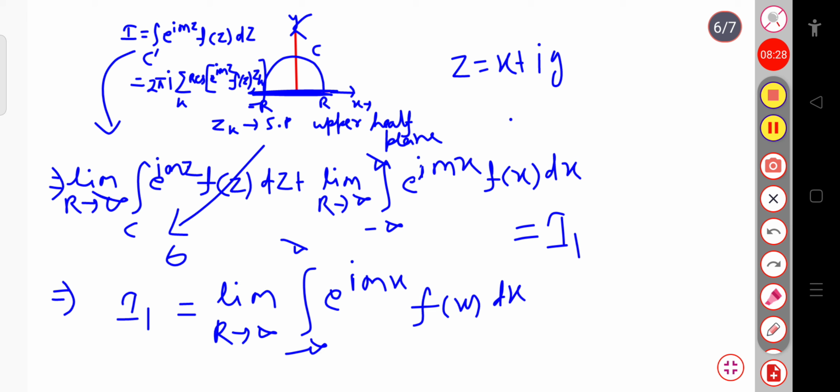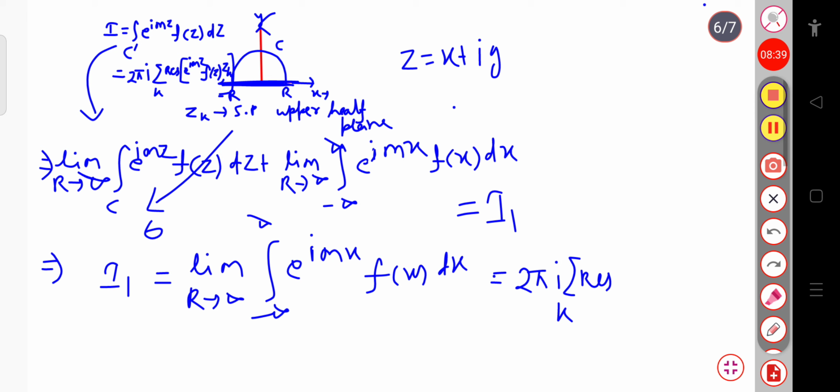And what is this value? This value is from Cauchy's residue theorem. This will be 2 pi i times the sum over residues of exponential imz f of z at the point zk. From this I have substituted.